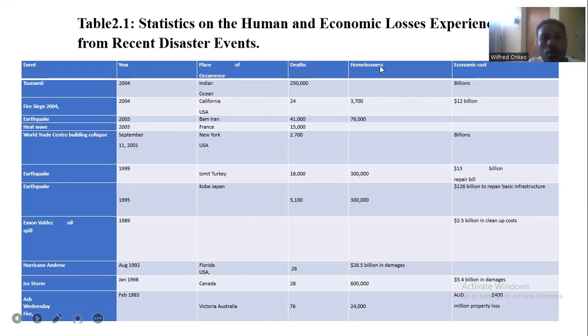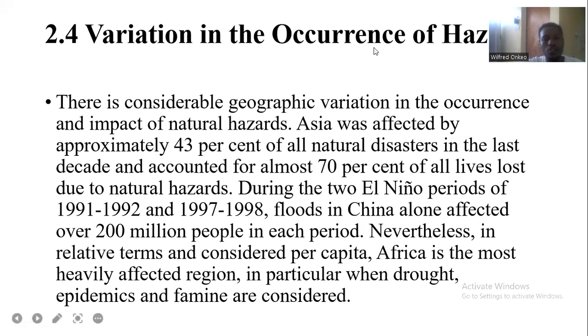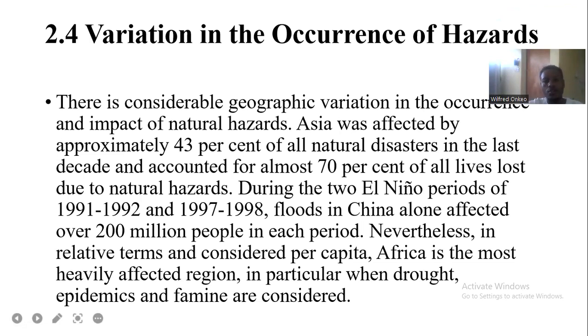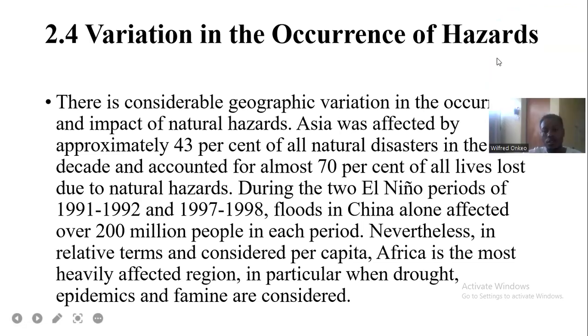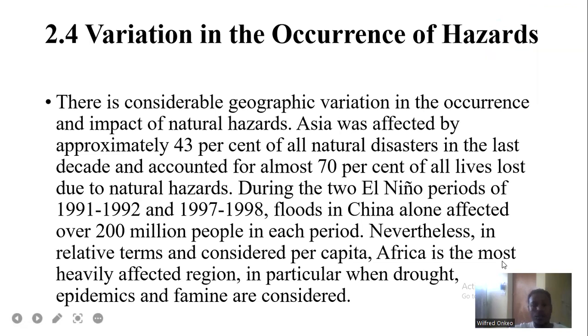Also, we can go to the variation in the occurrence of hazards. There is considerable geographic variation in the occurrence and impact of natural hazards. Asia was affected by approximately 43% of the natural disasters in the last decade and accounted for almost 70% of all lives lost due to natural disasters.